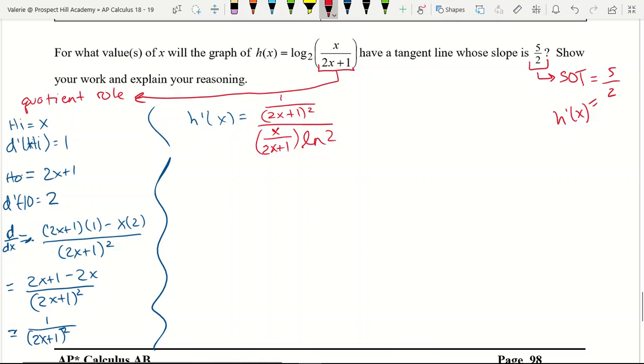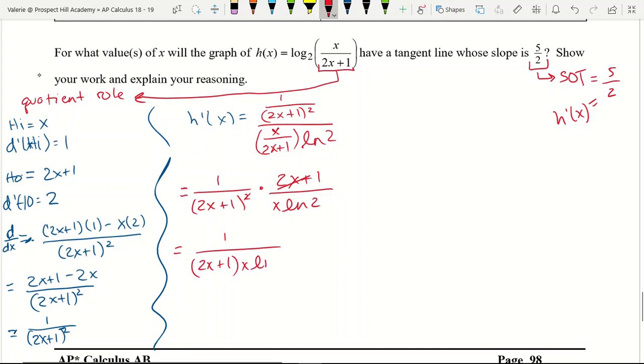So to make this easier to see and simplify, the 1 over 2x plus 1 squared times 2x plus 1 over x, the 2x plus 1 factors cancel out. So we get 1 over x times 2x plus 1 times ln 2. And we'll set that equal to 5 over 2.